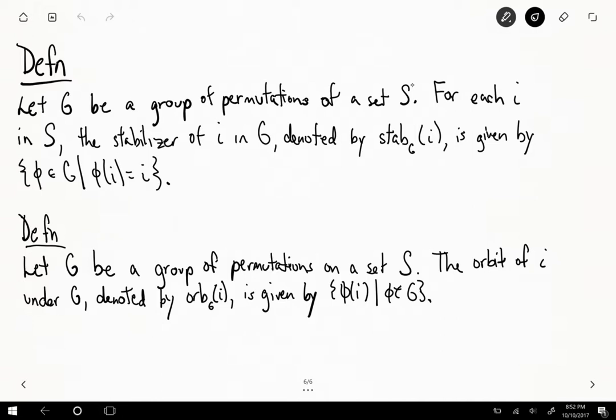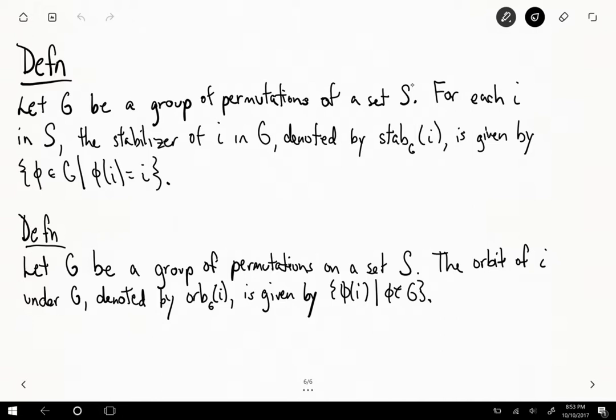And on the other note, for orbits, if we have a group of permutations on a set S again, the orbit of i under G, the notation your book uses is orb sub G of i, is given by everything that gets mapped to by phi, where phi is some element in G.